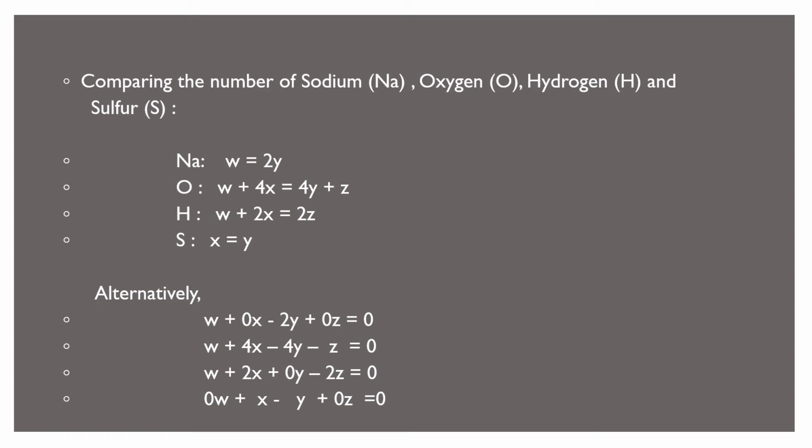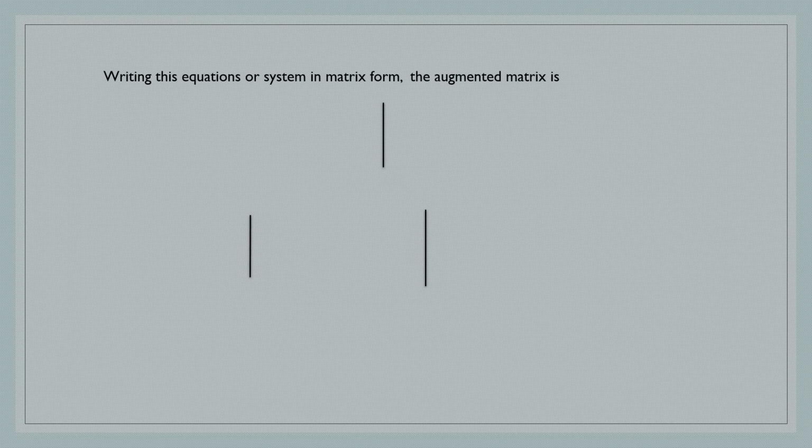We can use any method. Suppose we use the Gauss elimination method, then we have to take the augmented matrix of this given system. Writing the system in matrix form, the augmented matrix will have the coefficients of w, x, y, z and the constants on that side.